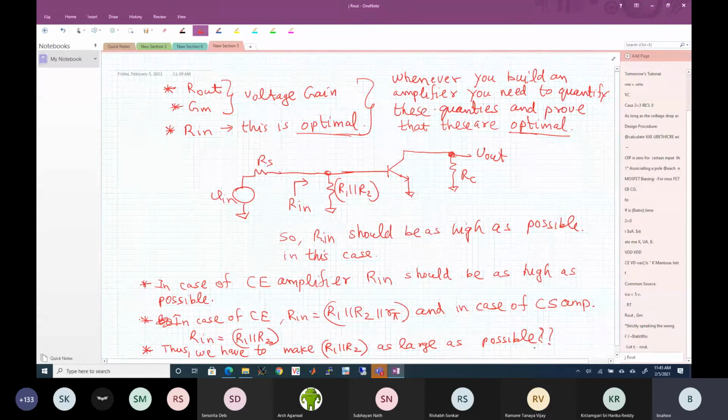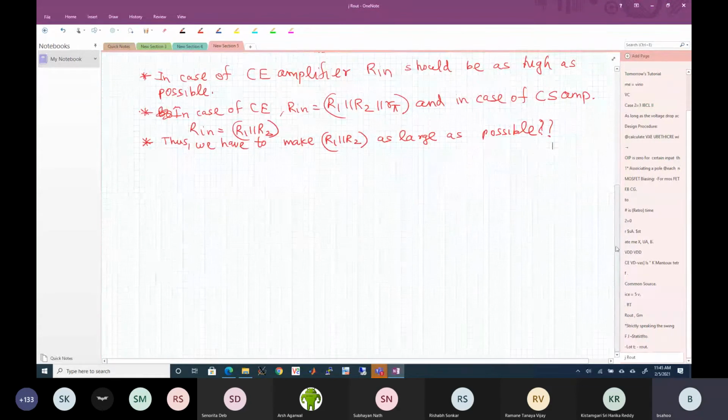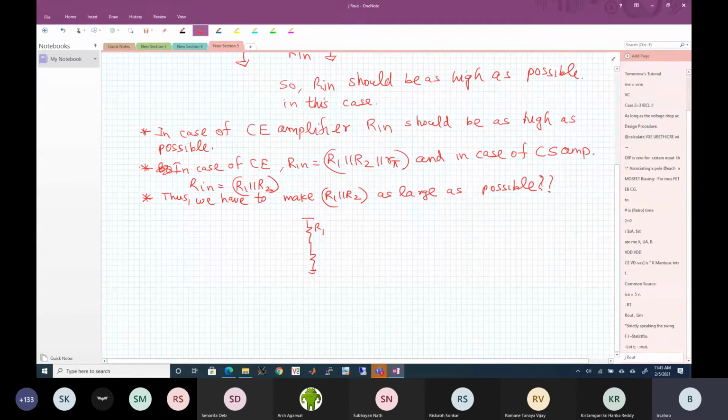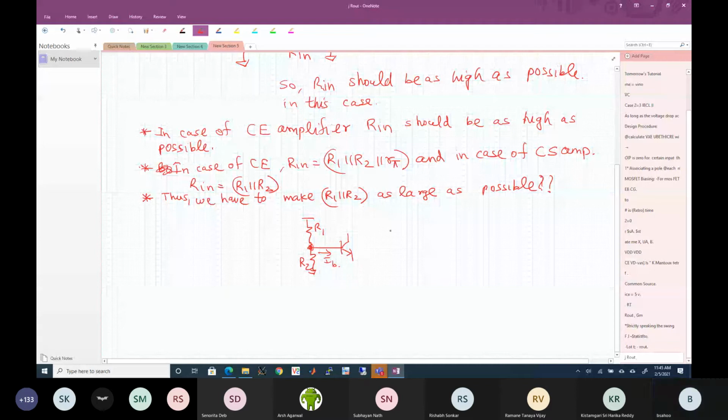Remember, when we were doing the bias analysis with R1 and R2, we did this in case of BJT. I'm not drawing what is connected to the collector and emitter. We are considering IB. Let's call this I1 and this I2.